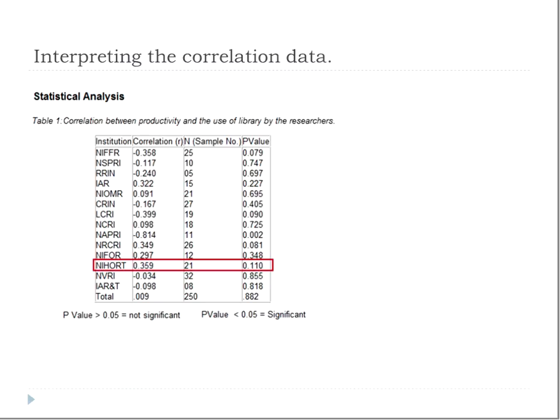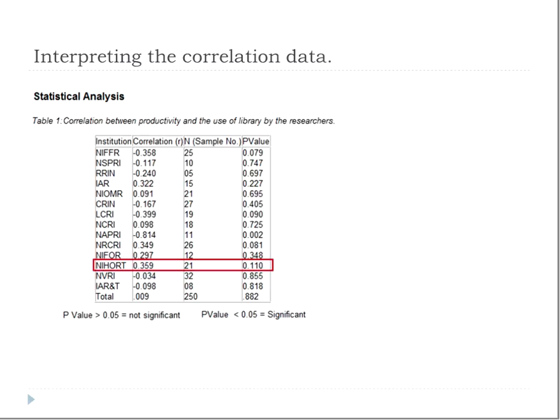So how do you interpret this? Well, they were looking for correlation, a relationship between productivity of faculty in these agricultural institutes and the use of the library. So the question is, do people who use the library more produce more research? And the first thing that I did was to look for a positive correlation, and here you can see 21 faculty in NIHORT Institute responded.